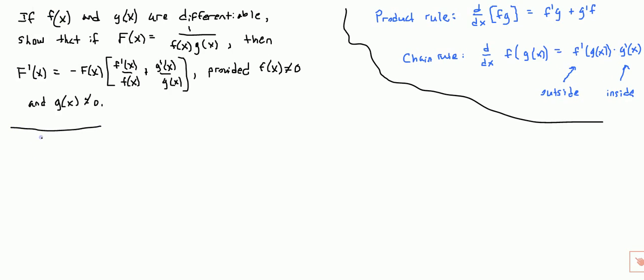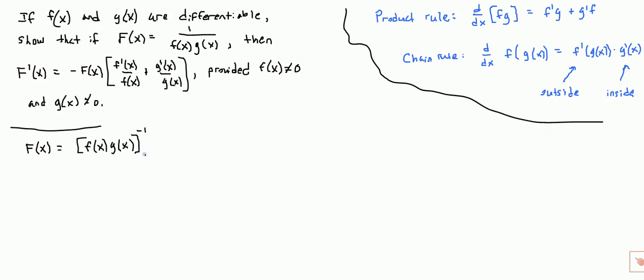Okay, so let's rewrite capital F of x. So I'm going to bring f of x and g of x to the numerator, rewriting it like this. So these are raised to the negative 1 power because I took them from the denominator.